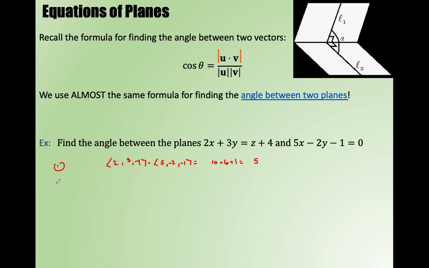Then the next thing I need, right, is the magnitude of u. And the magnitude of v. And I got the square root of 14 times the square root of 30.